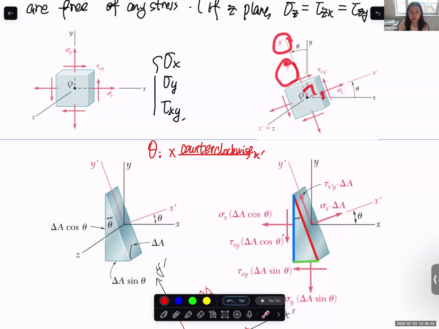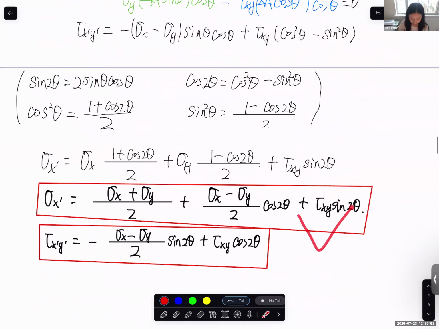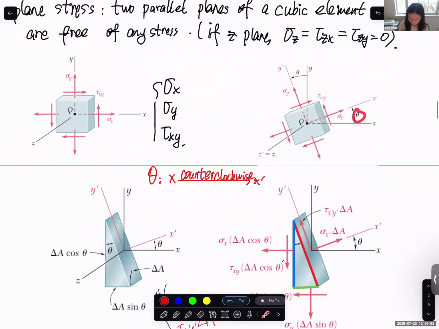But an easy way is just to understand that we have theta defined as counterclockwise from the x to x prime, right? Counterclockwise theta, and this theta can be any angle. It can be any angle. So if in the expression that we derived for sigma x prime, we replace theta with theta plus 90 degrees, we get the normal stress on this plane, sigma y prime.